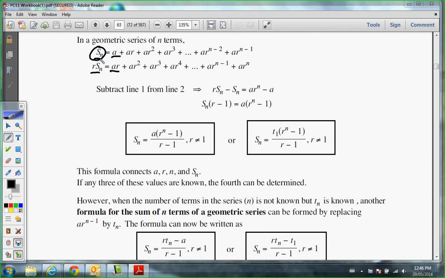And then they took the GCF, this one has an Sn, so they pulled an Sn out. This one has an a, so they pulled an a out. And they divided by r minus 1 to get the formula here. Okay, these formulas are the same except for t1 and a are just written differently.